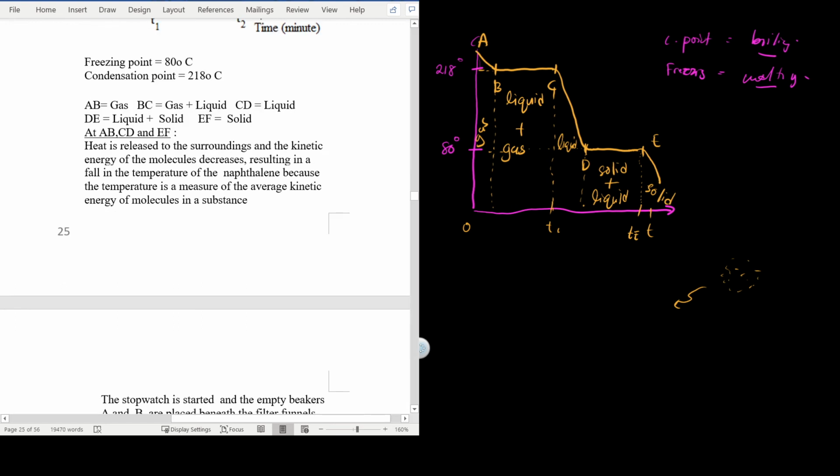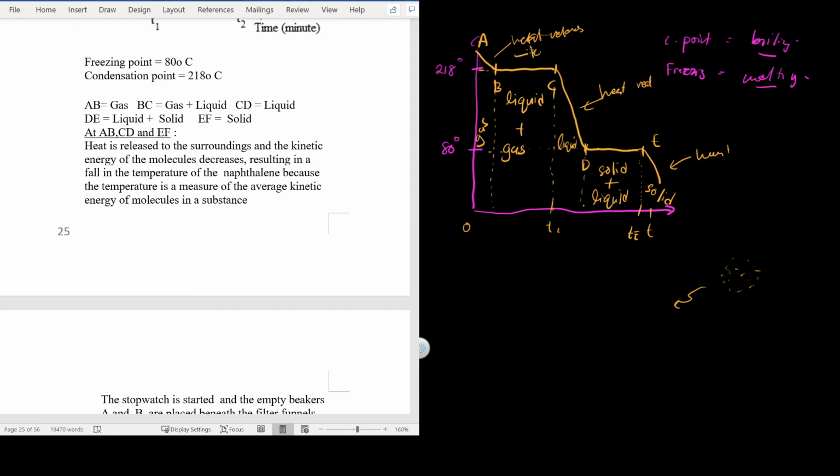So let's go through first at A, B, C, D, and E, F, where the temperature is changing or decreasing. So heat is released here, heat released here, and here also heat is released to the surroundings, and the kinetic energy of the molecules decreases.